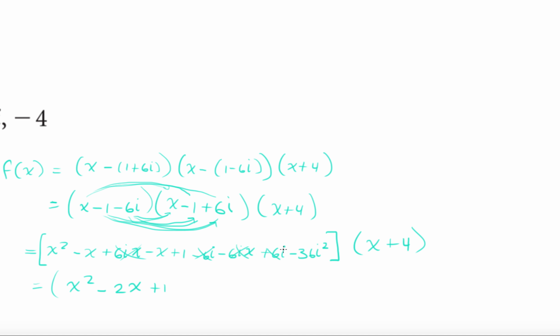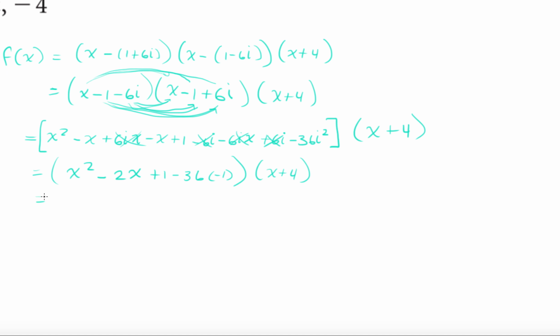You're left with minus 36i squared, but i squared is negative 1. So now you have left x squared minus 2x plus 1 plus 36 times x plus 4. X squared minus 2x plus 37 times x plus 4.